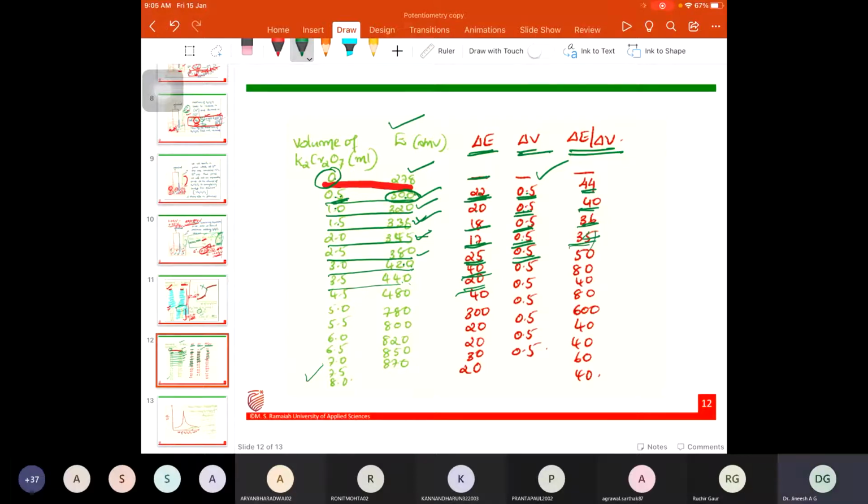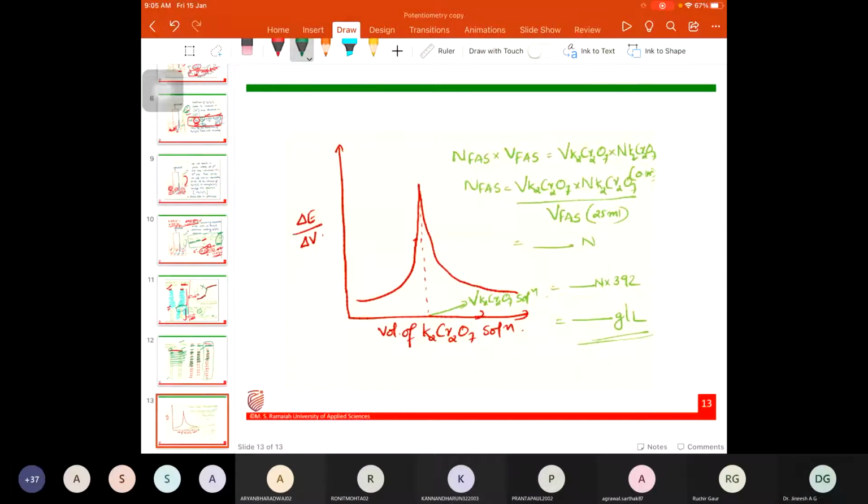Got my point? So now you got a new set of values, that is delta E by delta V. Clear? Now you draw another graph, delta E by delta V against volume of potassium dichromate solution. So you will get data points like this.